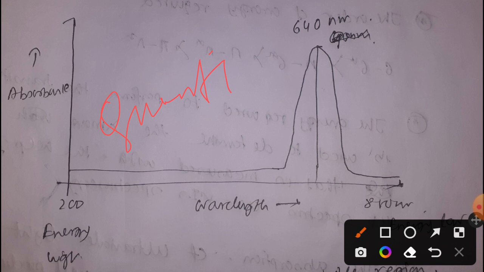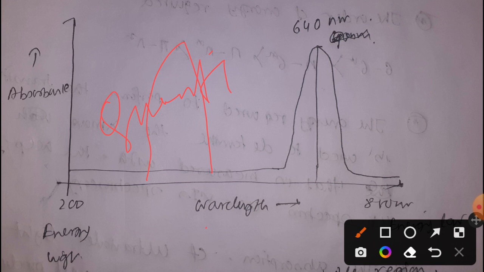In that particular wavelength you will expect a peak, but if you cannot get your expected peak at that particular absorbance, then you can conclude that yes, my sample does not contain that particular functional group. That is the idea of how we can determine whether our sample contains a particular functional group or not.